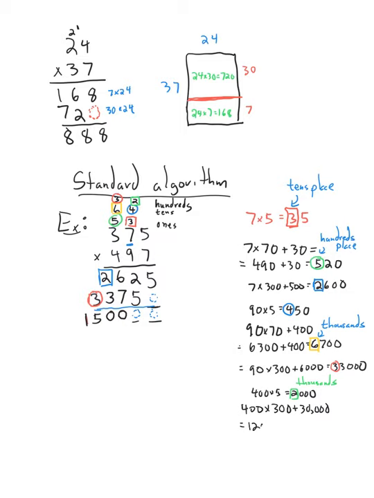So that's going to be 120,000 plus 30,000 is 150,000. And of course, finally, we could say that this one here is in the hundred thousands place, of course. 100,000s.